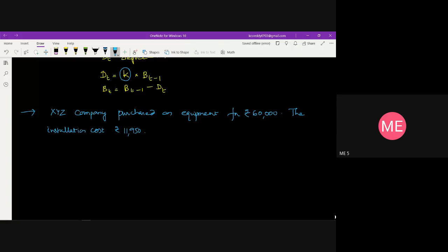The equipment has a service life of 20 years, so here N is 20 years. The scrap value of the equipment is given as rupees 6,000, meaning at the end of the 20 years the equipment can be sold for 6,000 rupees.